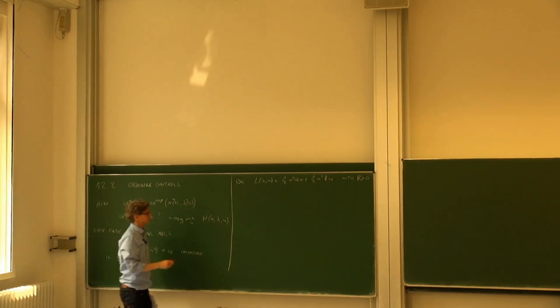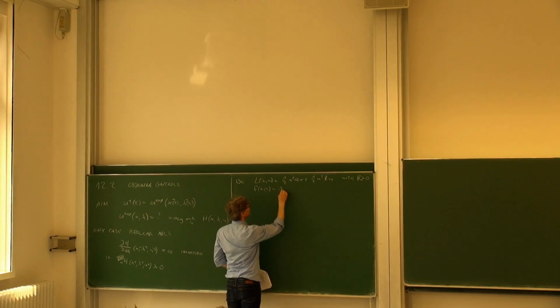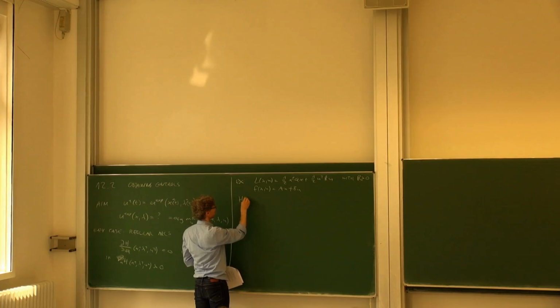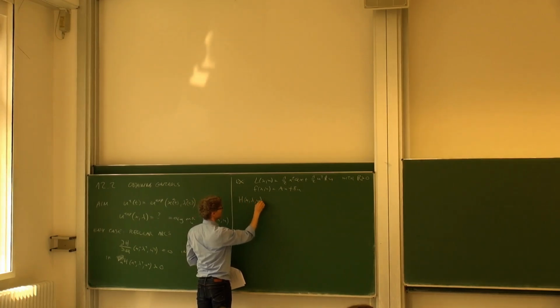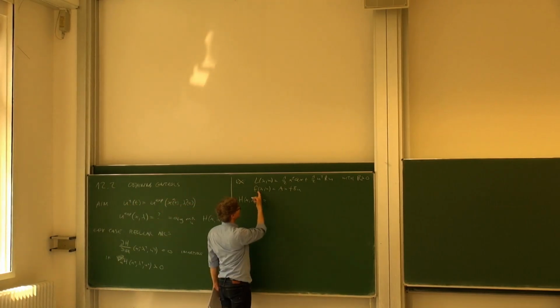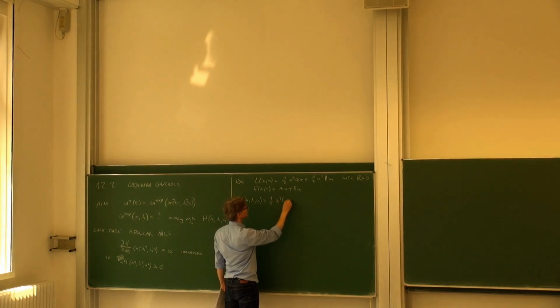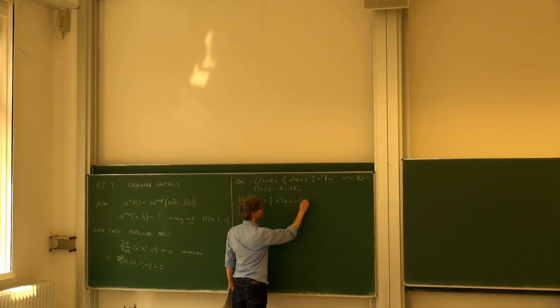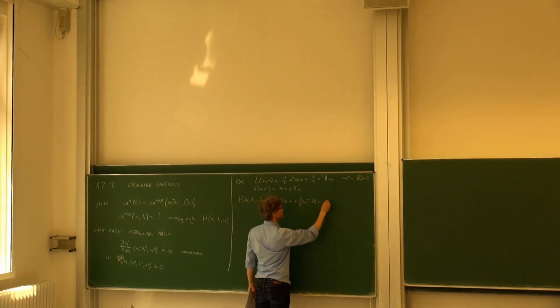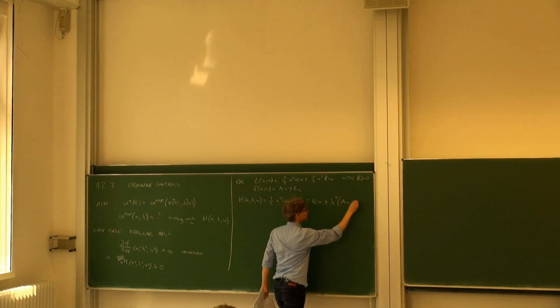Then of course my system dynamics I will also assume to be linear, Ax plus Bu. What is my Hamiltonian H of x, lambda and u? It will be L plus lambda transpose times f, that is 1/2 x transpose Qx plus 1/2 u transpose Ru plus lambda transpose (Ax plus Bu).